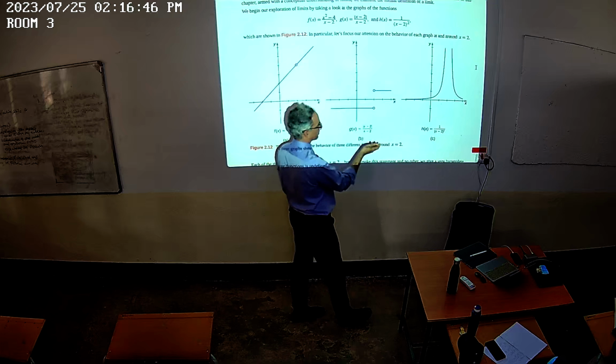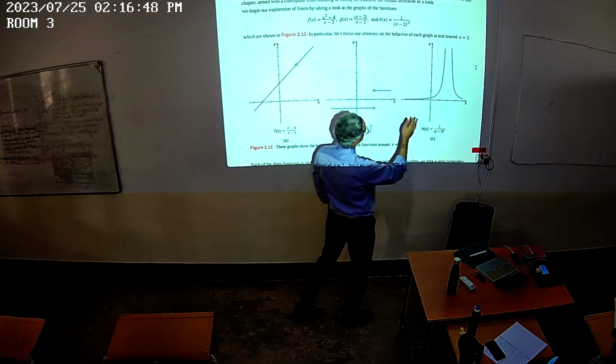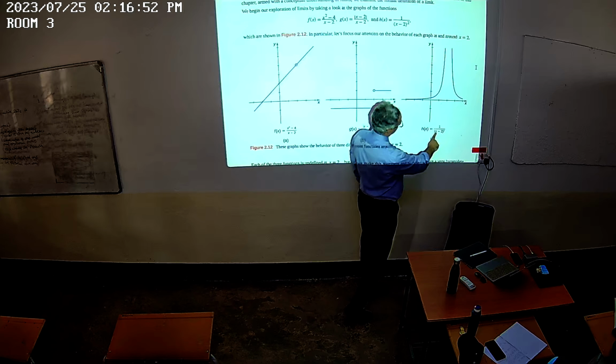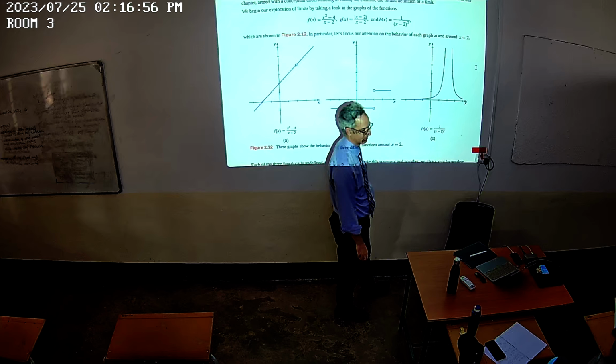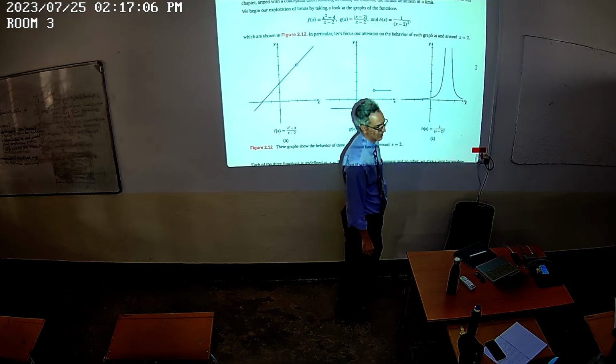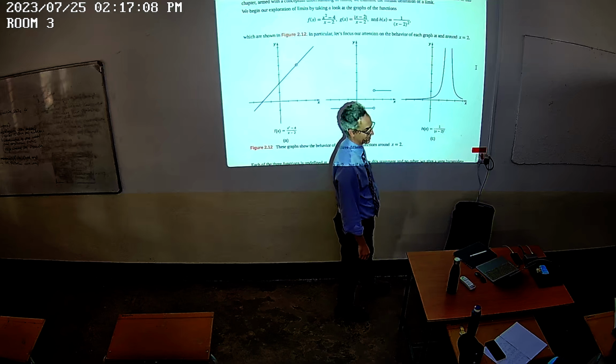So what happens? If x is 2, what is this? This is 0. 0 squared is 0. 1 divided by 0.